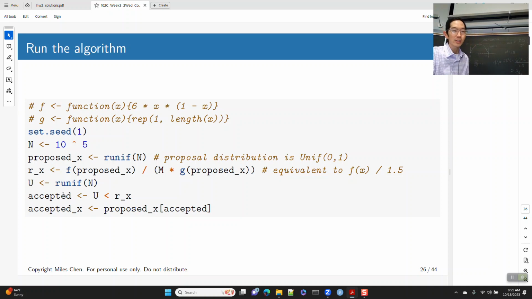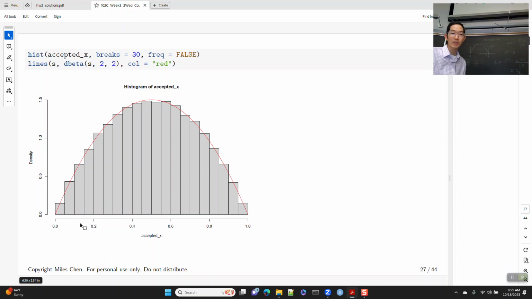So accepted will be true with probability 0.36. So only a fraction of these 100,000 values will be true, and then we subset our proposed x values to just those that have been accepted, and so our accepted x is going to be this. So if I do this.